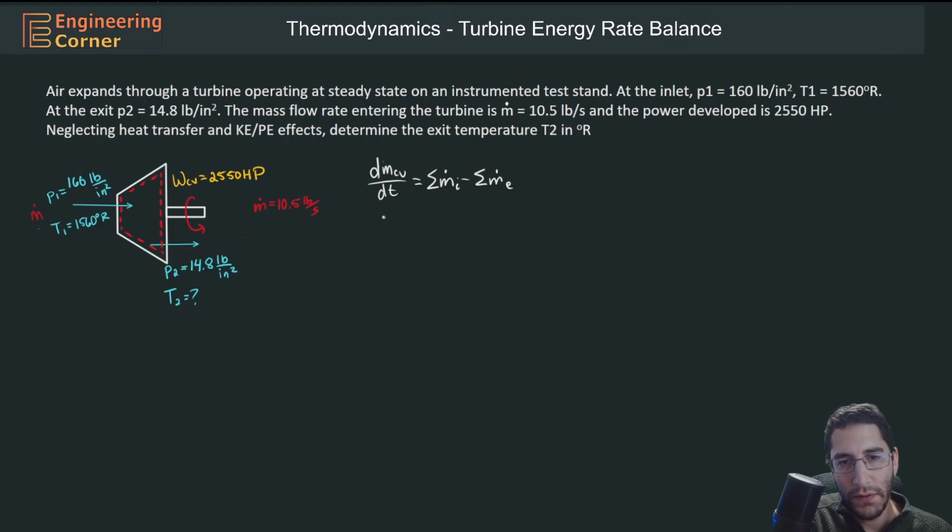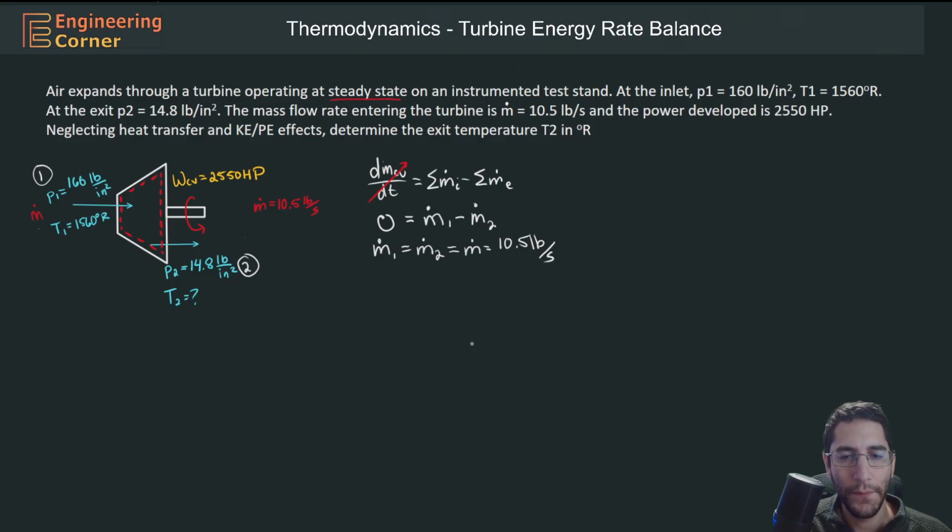So this is going to be equal to, and we're operating at steady state, 0 is m, and we'll call this state 1, we'll call this state 2. So m1 minus m2. And that tells me that my mass flow rate of 1 is equal to my mass flow rate of 2. And we're told that they're equal to m, and they are 10.5 pounds per second.